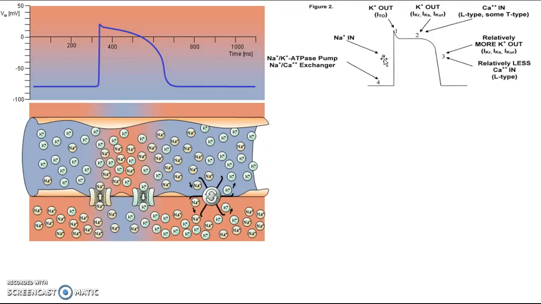The resting potential in the cardiomyocytes is minus 90 millivolts due to constant outward leak of potassium through the inward rectifier channels. So you can see the potassium continuously leaking out and the sodium continuously coming in.